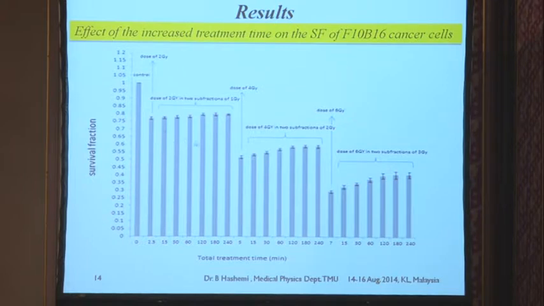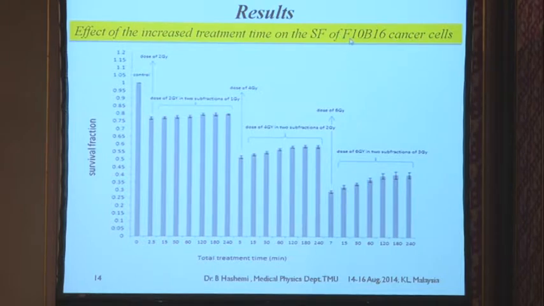And the next bars show, for example, 2 gray given in 2 fractions from 15 minutes up to 240 minutes. And this is for 4 gray doses given in 2 fractions at different time intervals, and this is for 6 gray.